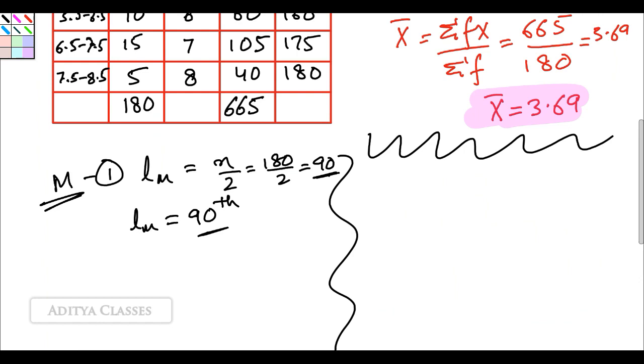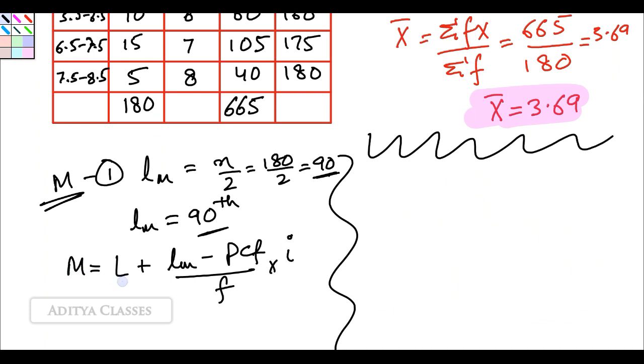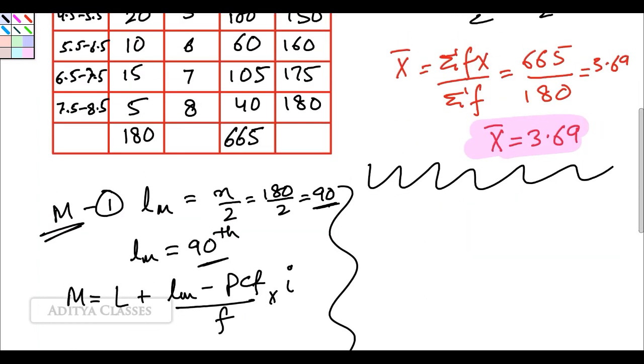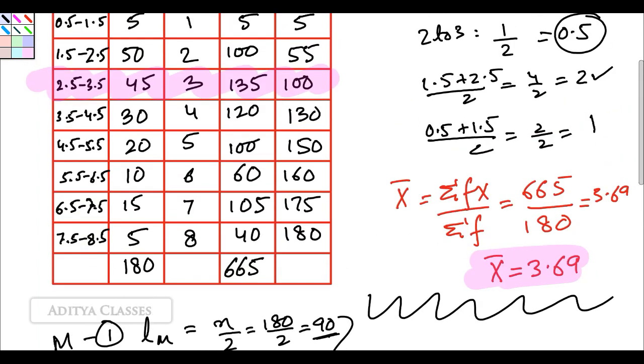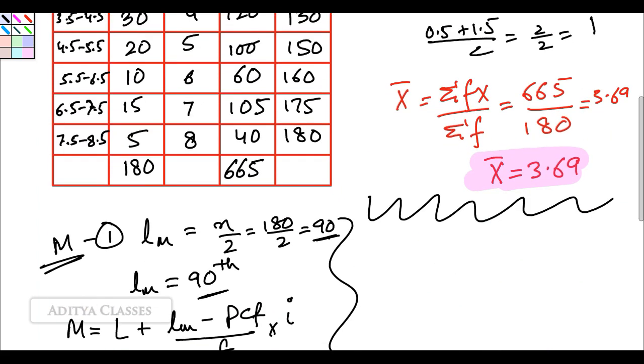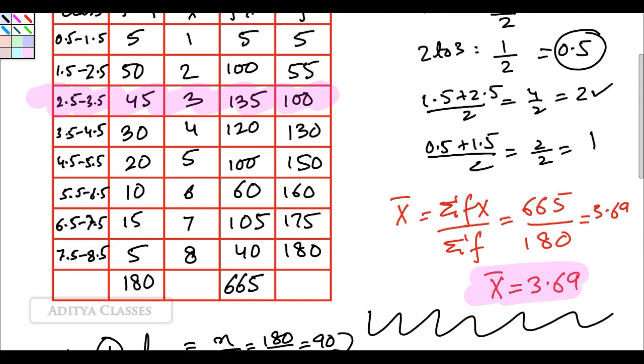Now what is the formula for median? Formula for median is L plus LM minus PCF upon F multiplied by I. Median is equal to lower limit of median class, location of median we found here, preceding CF. Now CF of my median class is 100, I need preceding CF, that is 55. Then frequency and interval of median class.